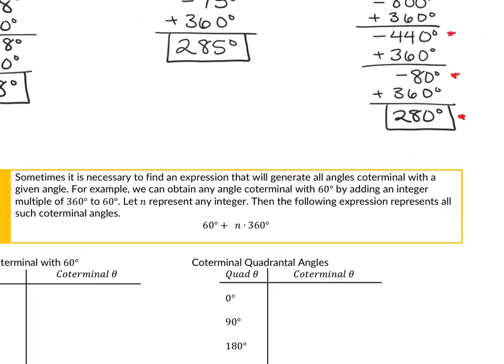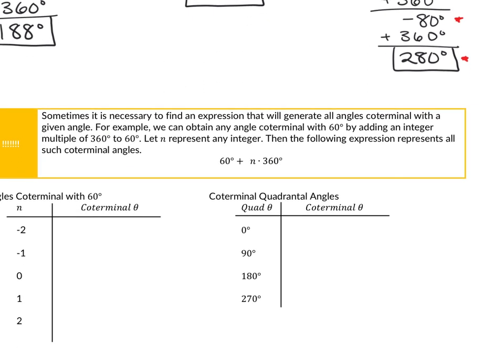Since we're just adding 360 every time, and Joelle kind of thought about this when she did adding 720, we can just generalize this into any angle. So if we were just wanting all of the coterminal angles with 60, we would just say n times 360 added to it, where you just change the number for n over and over again.